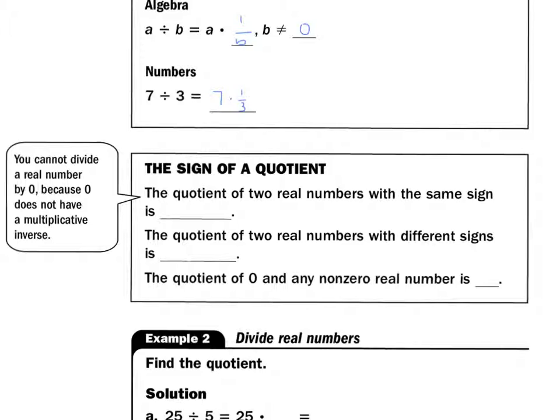To understand the sign that a quotient should have, the rules are basically the same as multiplication. If you're dividing two real numbers with the same sign, your answer will be positive. And if you're dividing two real numbers with different signs, your answer will be negative.